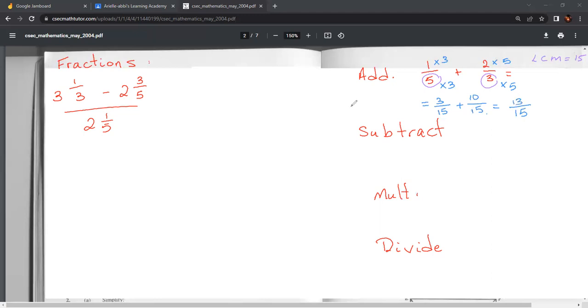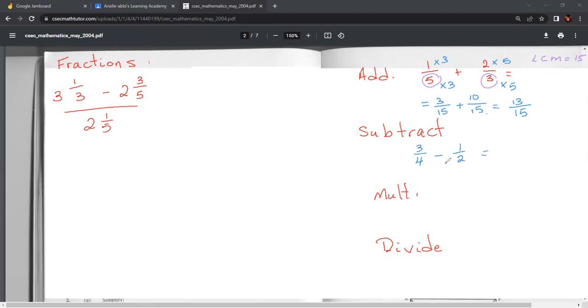So it will be 13 over 15. The same rule applies for subtraction. You cannot add nor subtract fractions if the denominators are not the same.